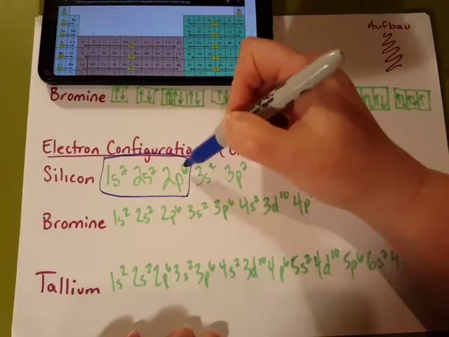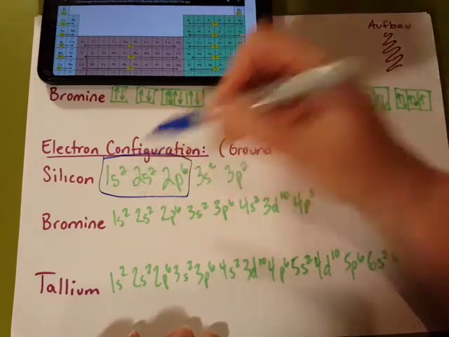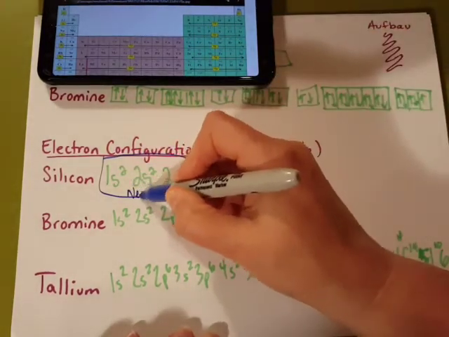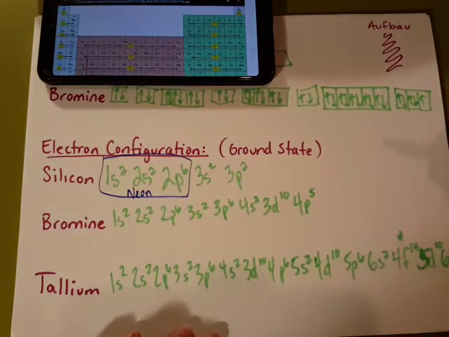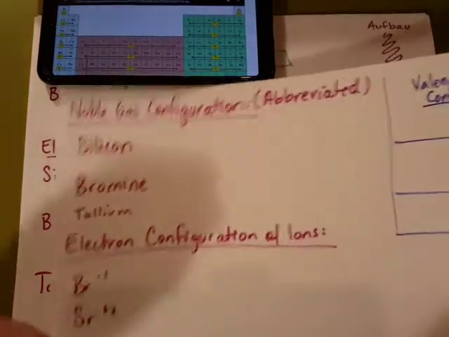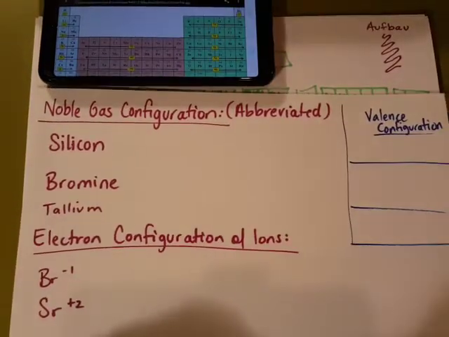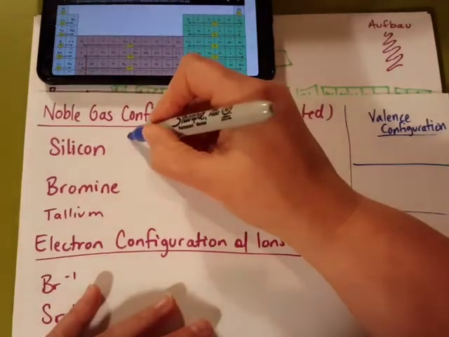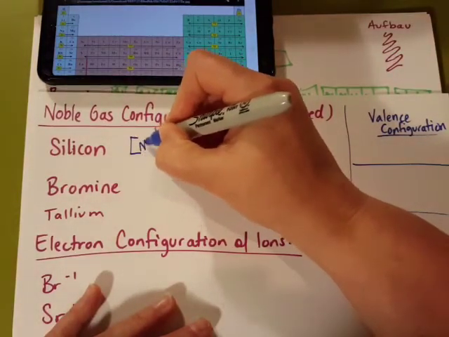So we could see here 6, 2, 2. This is all neon. So if we were to write an abbreviated noble gas configuration, we would put a square bracket and then Ne.